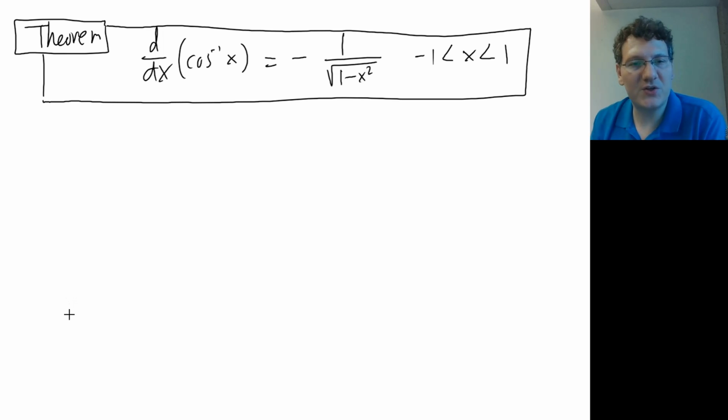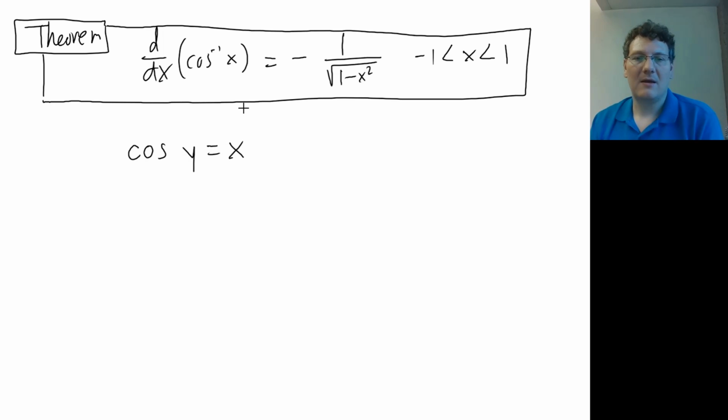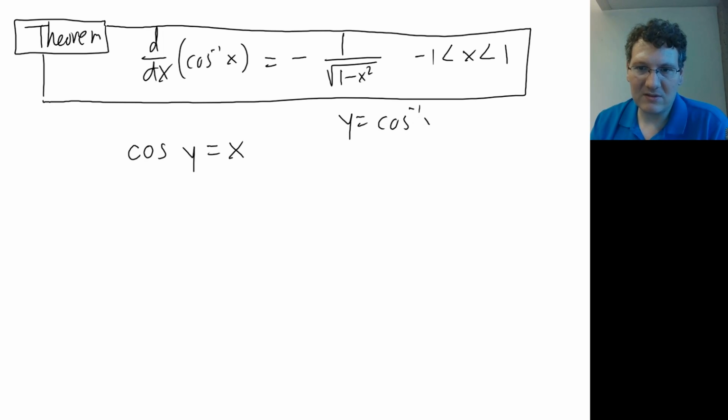Okay, so the derivative of the cosine inverse of x is the negative of 1 over square root 1 minus x squared. And once again, we can find this if we were to write y equals cos inverse of x, right?